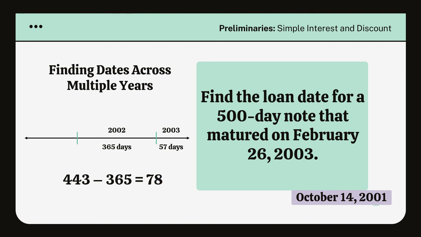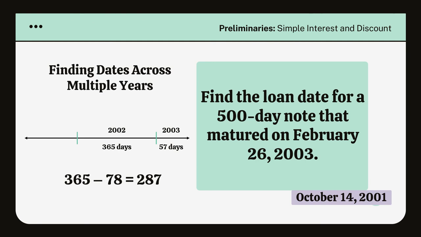We are not going to look for the 78th day of 2001. Hindi tayo nagsisimula sa January ng 2001, kundi pabalik tayo. Therefore, we need to find the 78th day mula sa December. For us to do that, we simply need to subtract 78 from 365.